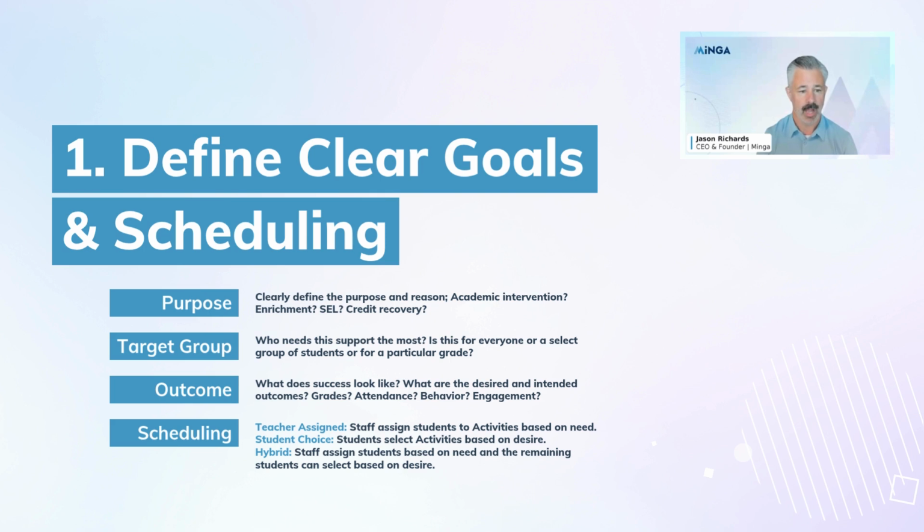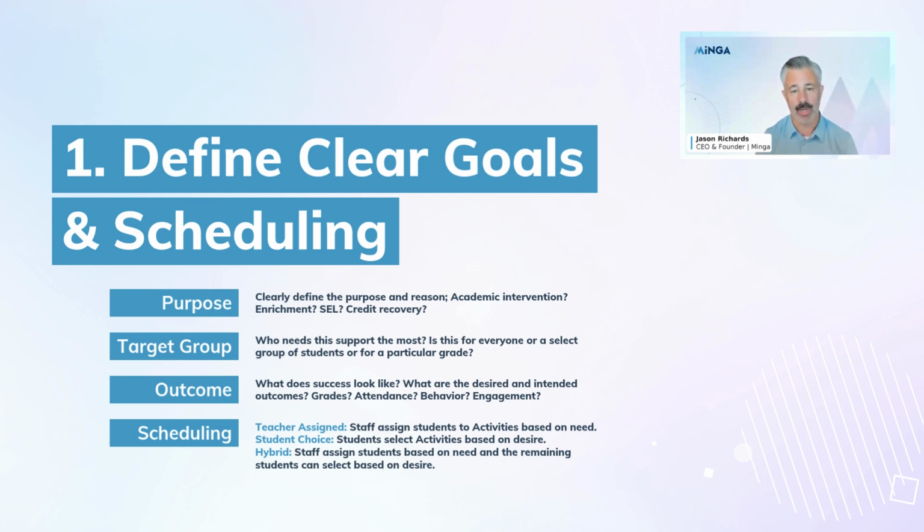And then I put scheduling on here too, because this is actually a really great early question to ask yourself when you're building a flex time: how are students getting allocated to the different activities that are made available during the flex time period? There are three main ways.